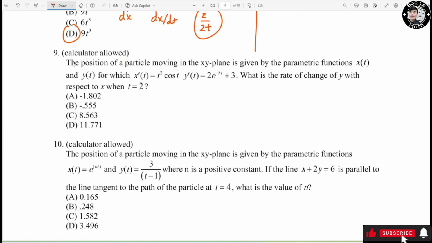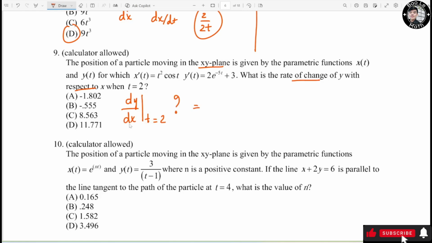Now question 9. The position of a particle moving in the xy plane is given by the parametric functions x of t and y of t, for which x prime equals this, y prime equals this. What is the rate of change of y with respect to x when t equals 2? So it's the same thing as we need to calculate dy over dx at t equals 2.